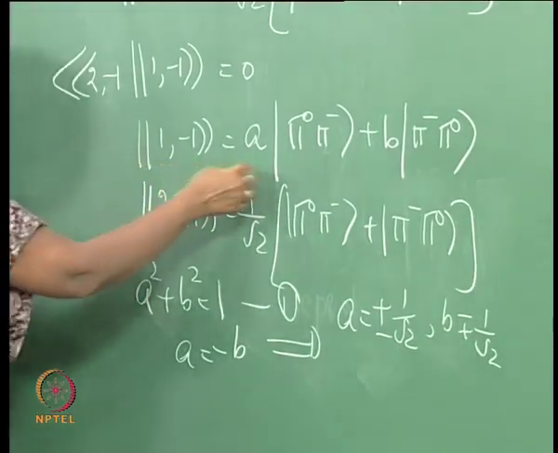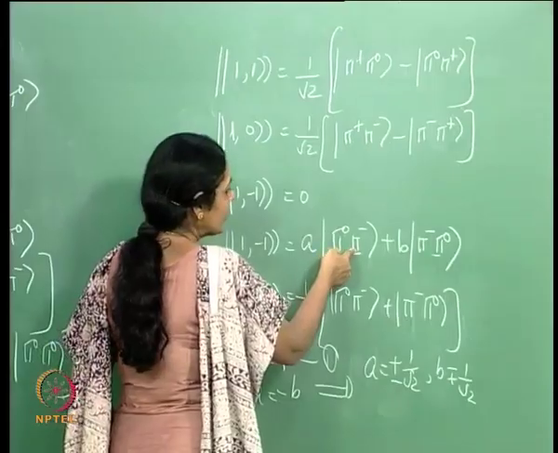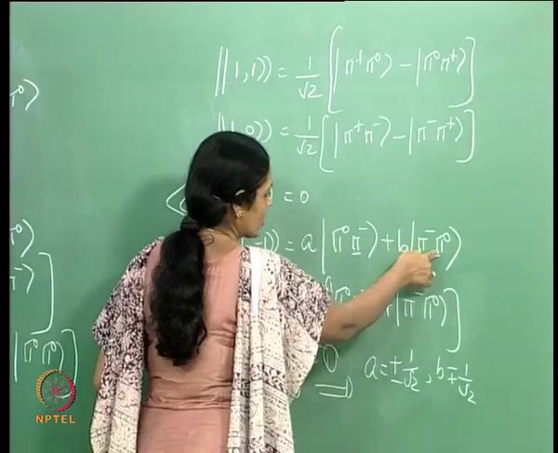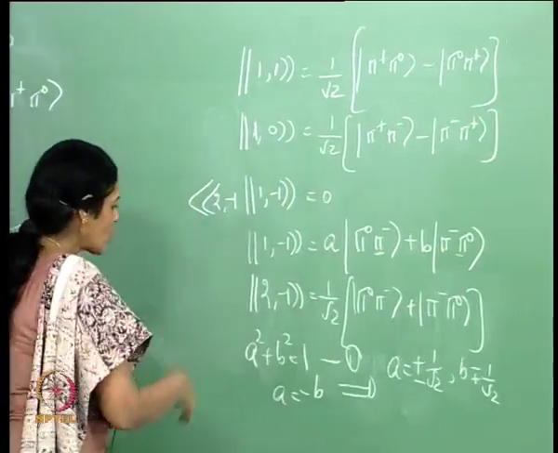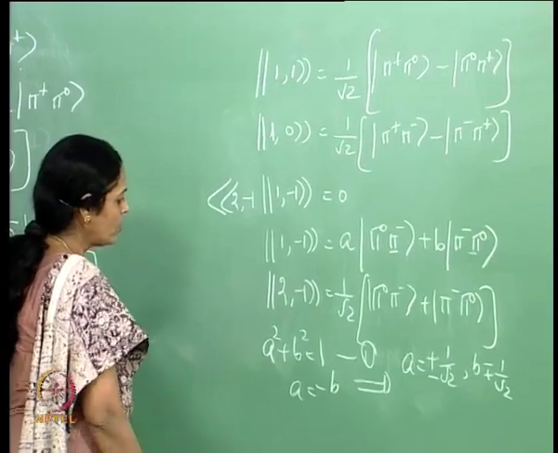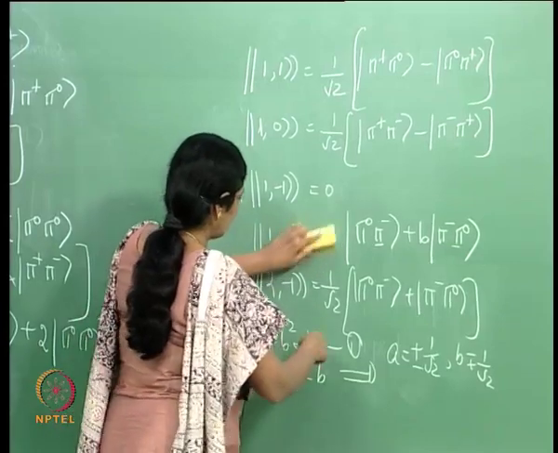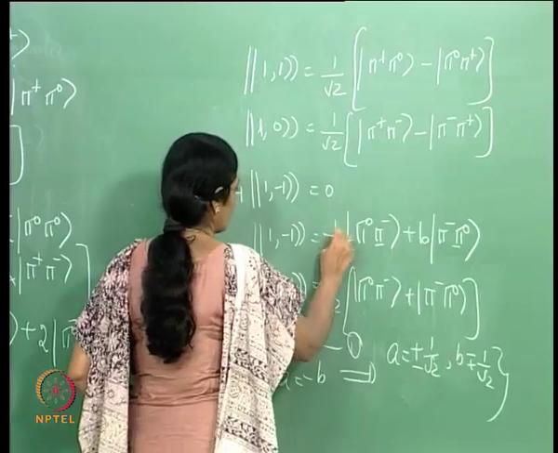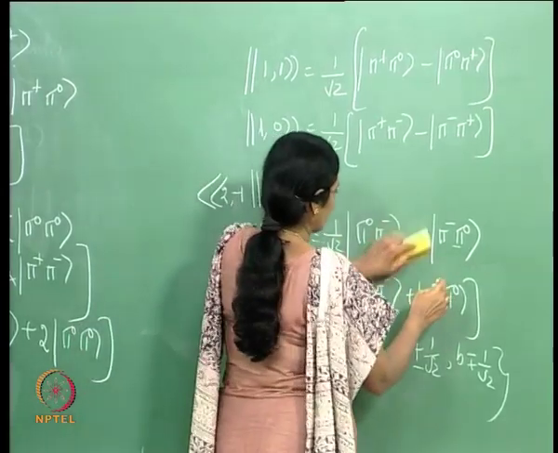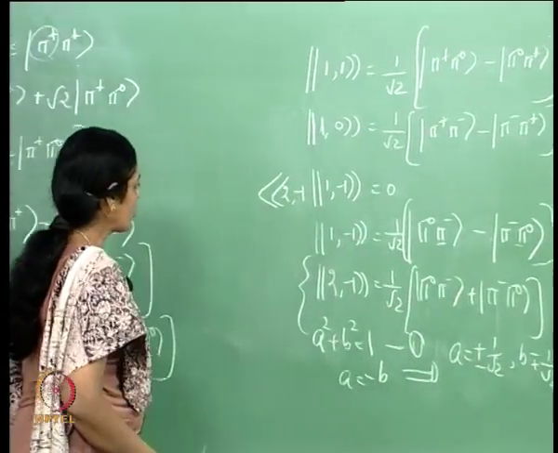Look at the state, look at the second entry, that is my convention. Pi minus has an iz value which is less than pi naught. I put a plus sign here and a minus sign there. So, I choose a equals 1 by root 2 and b equals minus 1 by root 2. So, this is the working out of the thing. A is 1 by root 2 and b is minus 1 by root 2. So, there we are, that is 1, minus 1.